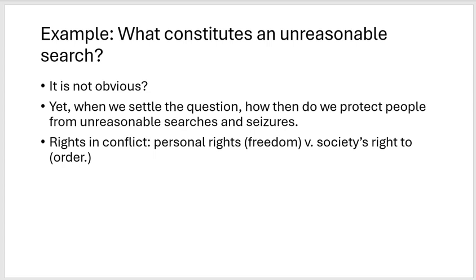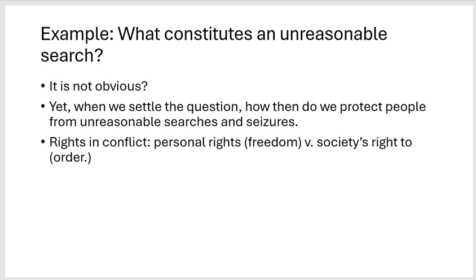So the court has had to decide. And then what happens when it happens? What happens when an unreasonable search happens? What should be the remedy? Going back to the beginning of this chapter, we have certain rights in conflict.